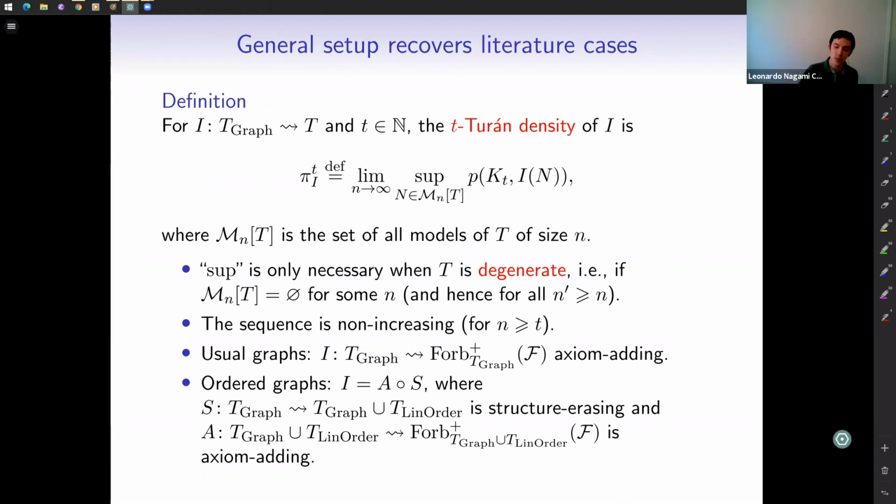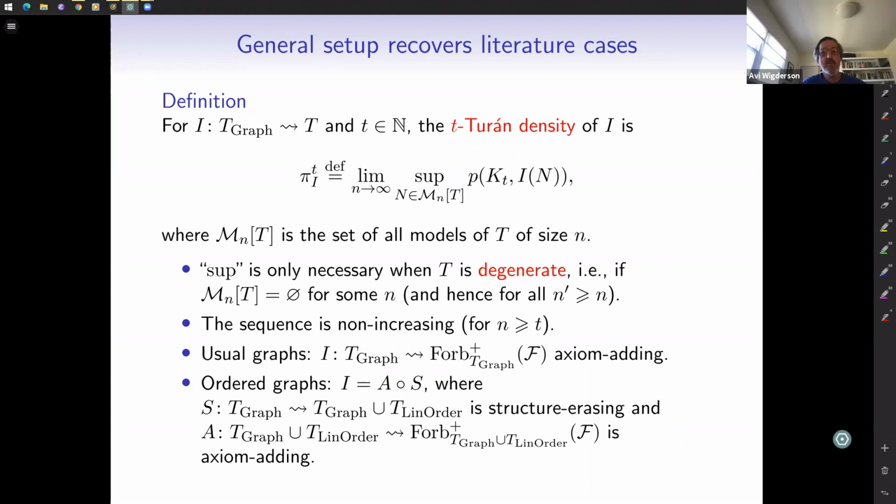Once you apply this construction, now it's a graph, so you can only compute densities of graphs in there, because this construction completely erases the information that is not pertaining to graphs. So it doesn't make sense to compute the density of an ordered graph in a graph.